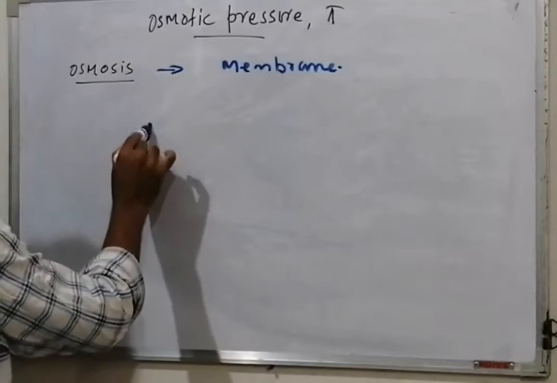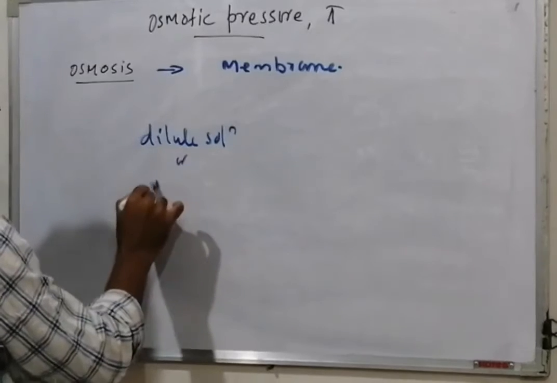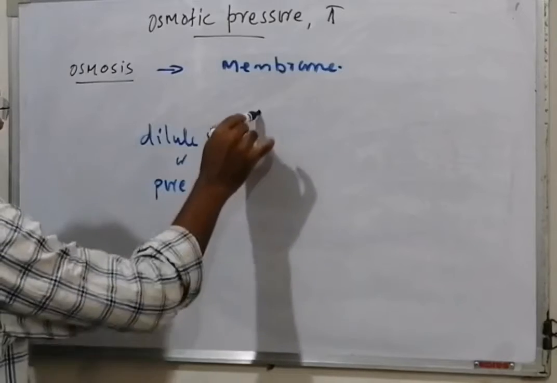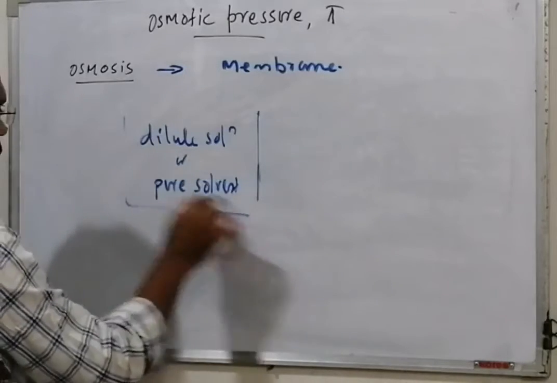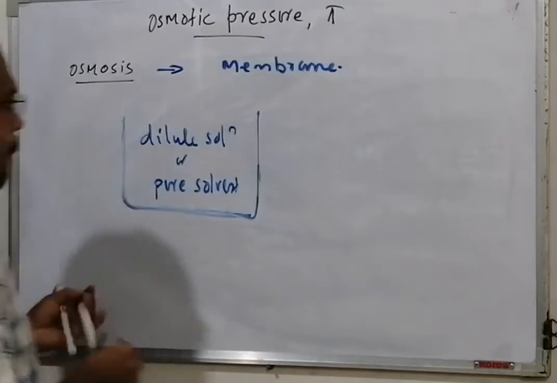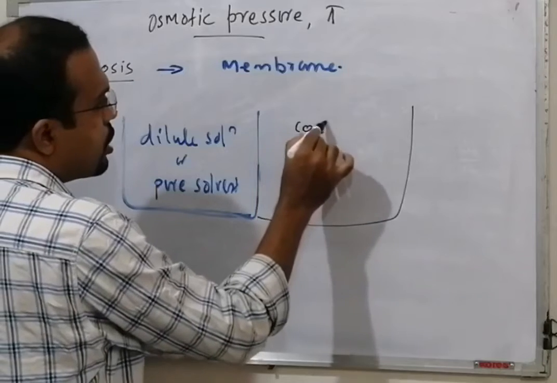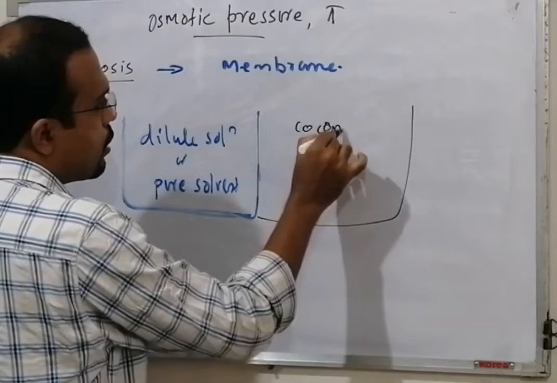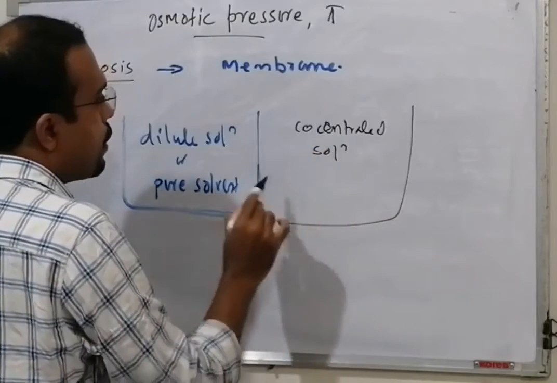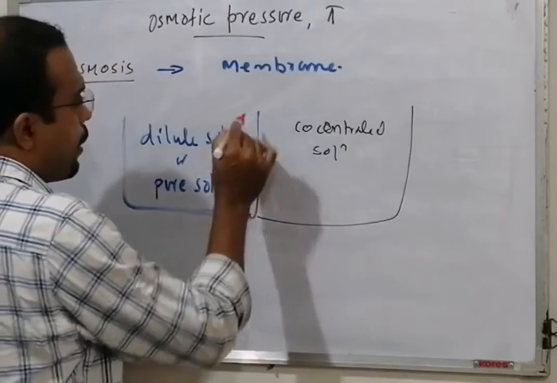Suppose you have a pure solvent, or a very dilute solution, here, and a concentrated solution here, and this is a membrane.